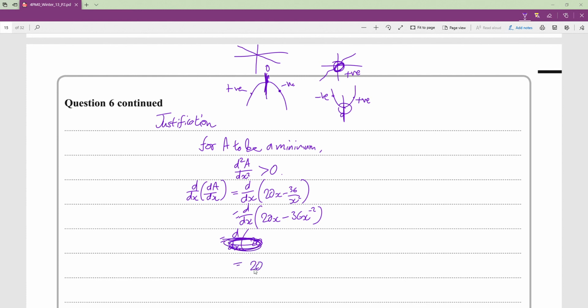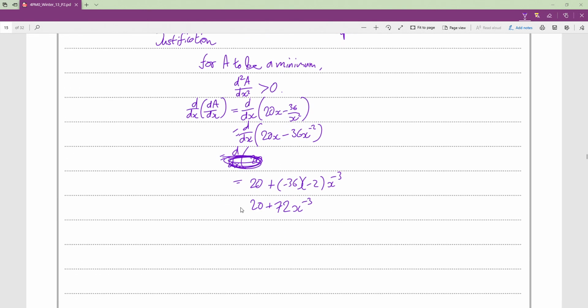This is going to be 20 because 20x differentiated is 20, and then plus minus 36 times minus 2 times x to the power of negative 3 by the power rule, because this minus 2 is brought down. So 20 plus 72 x to the power of negative 3.